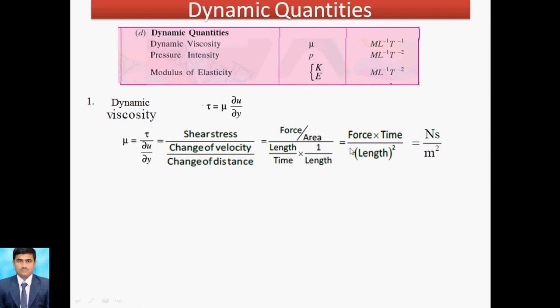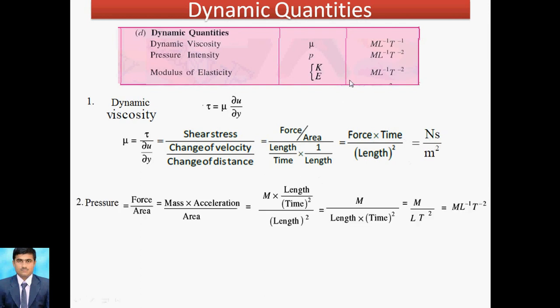Instead of area we can write L square, because area is in terms of length square. Force is nothing but Newton, time is in terms of second, and this is meter square. So the relation is M L minus 1 T minus 1. From this equation we are writing it over here.